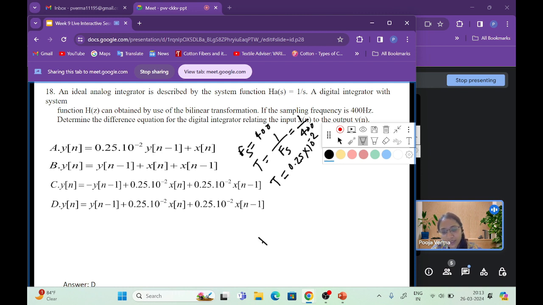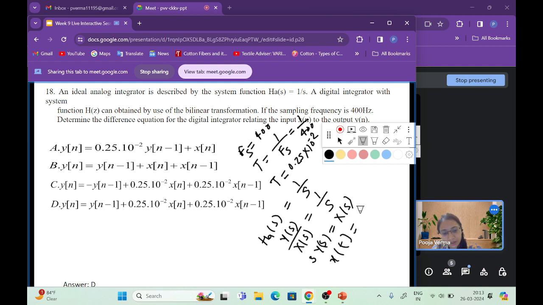Now Ha(s) is given as 1 by s, and we also know that Ha is output divided by input, so 1 by s. So from here we will get s Y(s) equal to X(s). If we convert this into the time domain, we will get y dash of t equal to x(t), right?